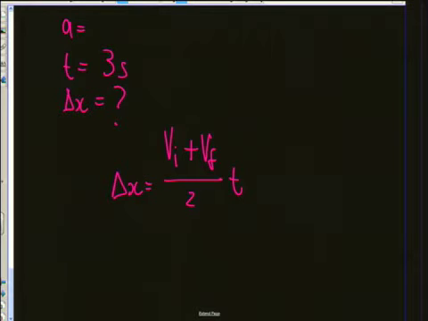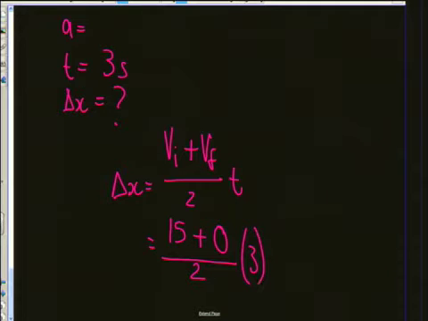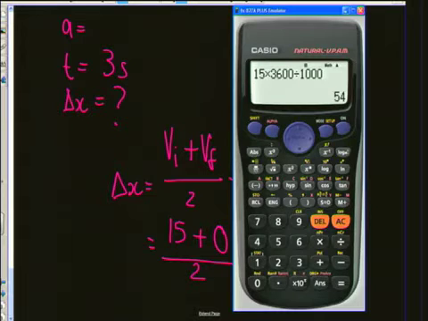And that equation, you'll notice, does not have acceleration in it. The initial velocity was 15. The final velocity must be 0 because he must stop, divided by 2 times by 3. So let's jump across to our calculator, clear that.